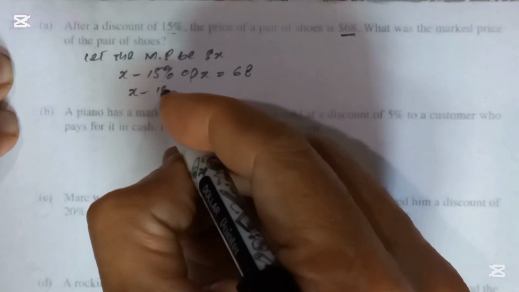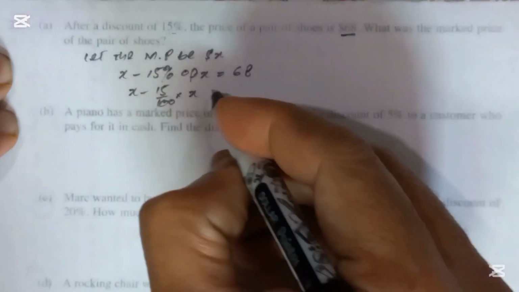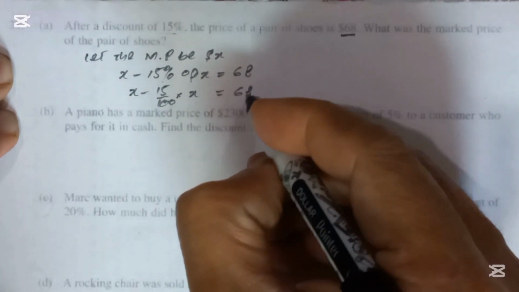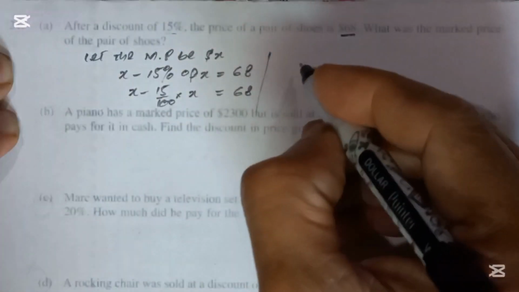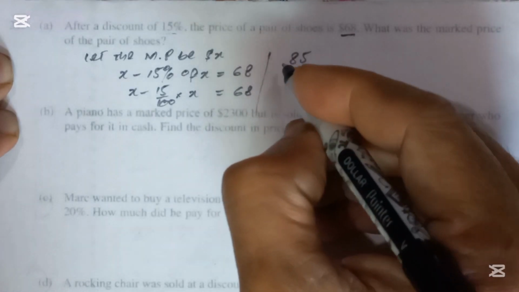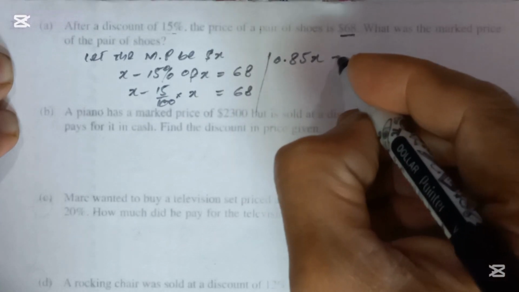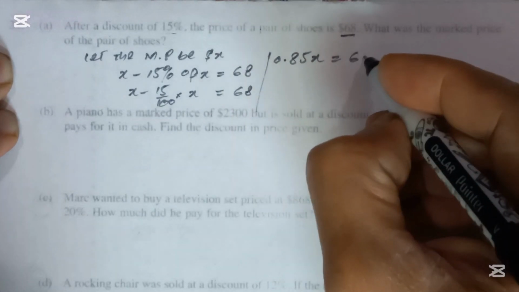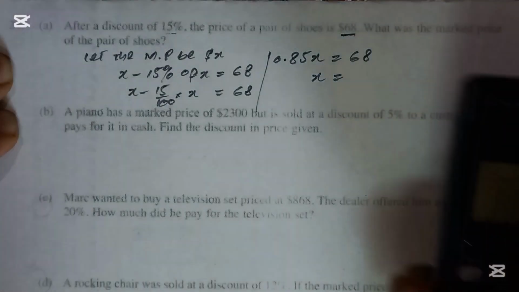X minus 15% of X is equal to 68. So this will be equal to 0.85. 0.85 X is equal to 68, and from here we will get the answer.